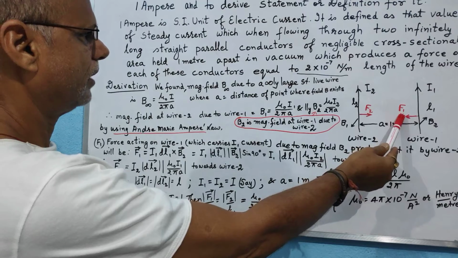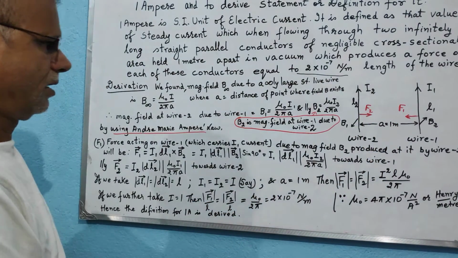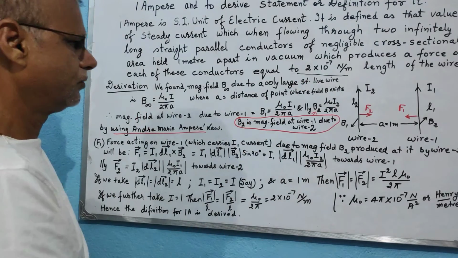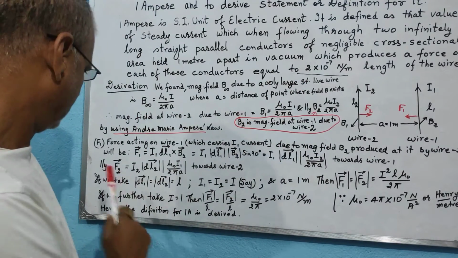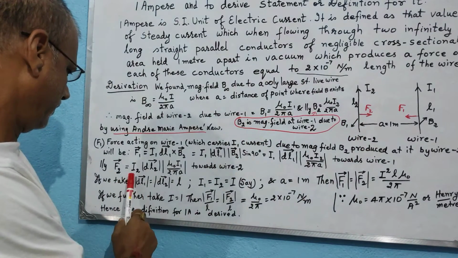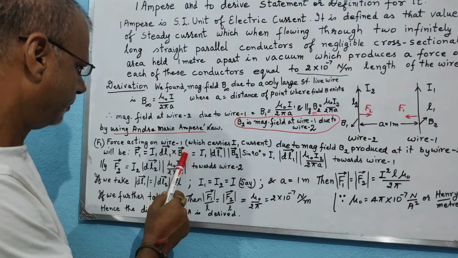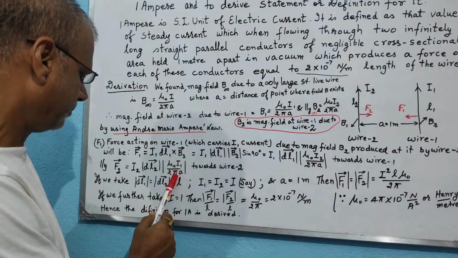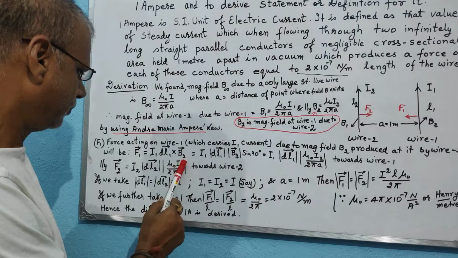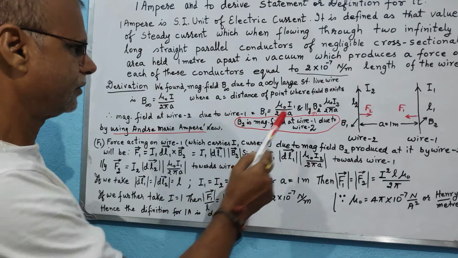That means F1 is directed towards wire 2. In the same fashion, you will see that the force acting on wire 2 will be I2 dL2, these are the same, and for B, instead of B2 we write B1, whose value is mu 0 I by 2 pi a, and it is directed towards wire 1.